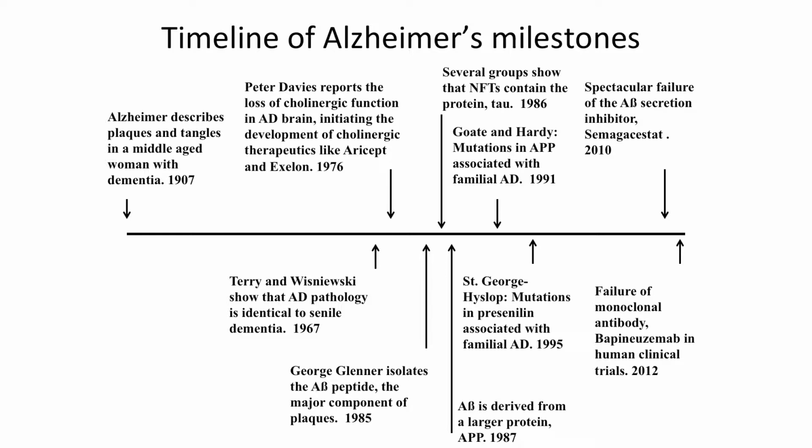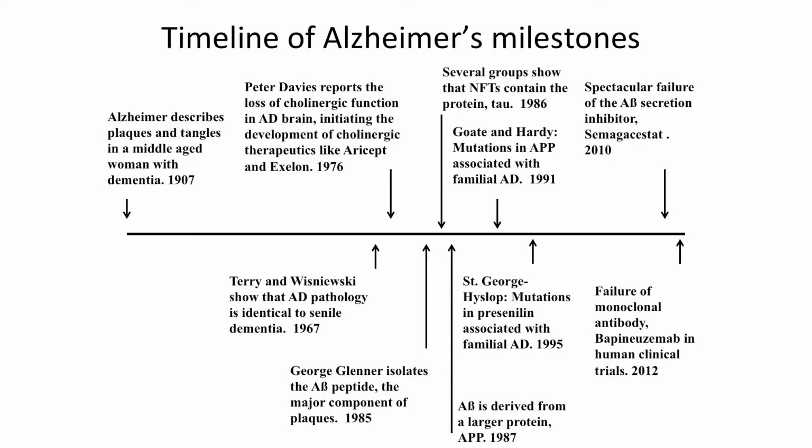Now, the next milestone in the timeline of Alzheimer's disease pathology was the discovery by George Glenner, where he isolated the A-beta peptide, which is the major component of plaques. But interestingly, he never isolated this from Alzheimer's disease brain plaques. He isolated it from the cerebrovasculature, and he made a guess that this was similar because it had the same kind of staining or tinctorial properties that the plaques did.